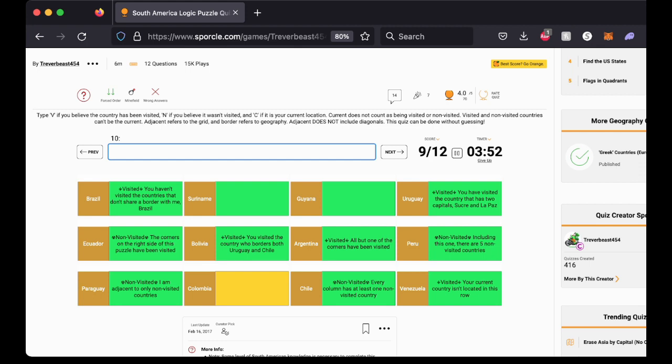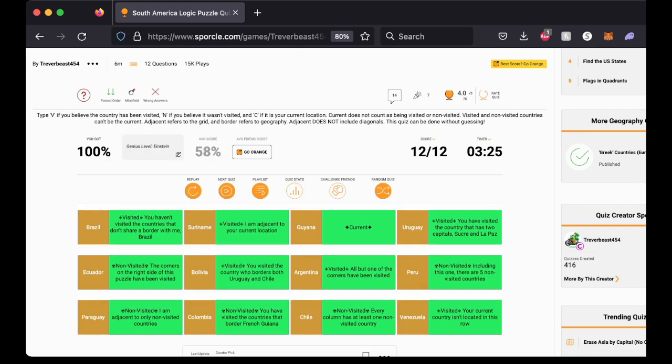So Colombia would be non-visited. You have visited the countries that border French Guiana. Okay, so Suriname borders French Guiana, so that'd be visited. And that means we are currently in Guyana.